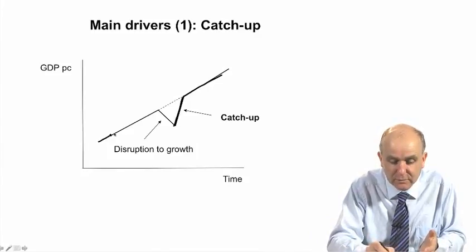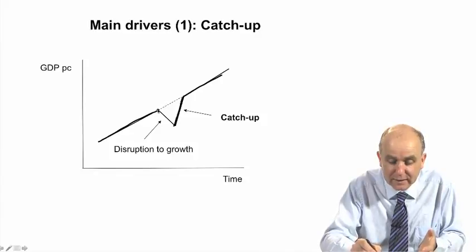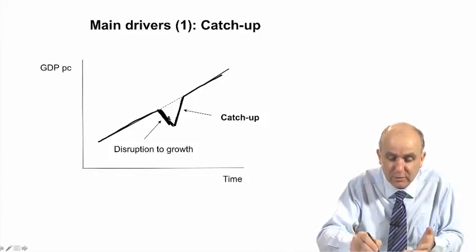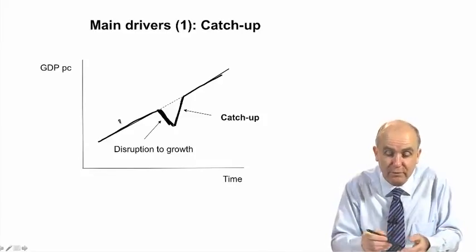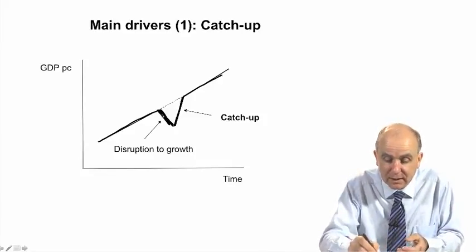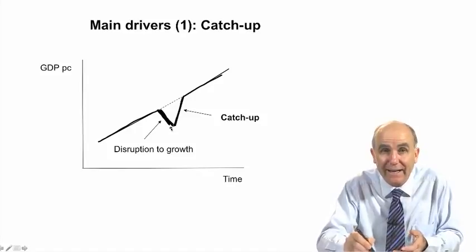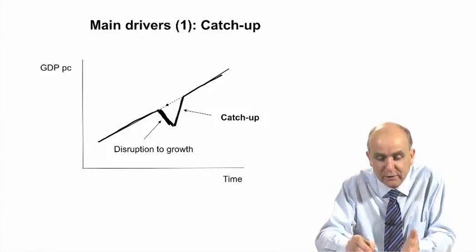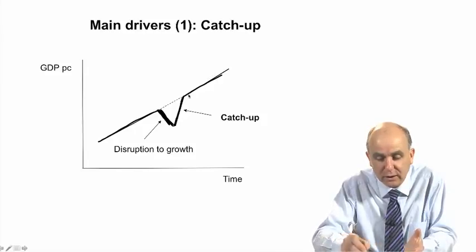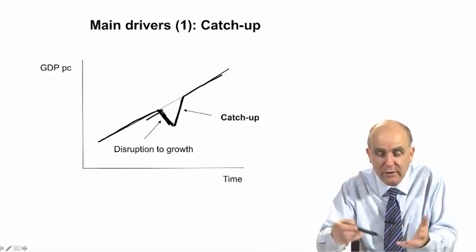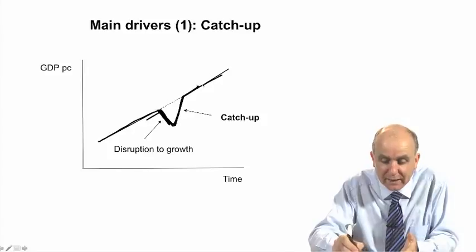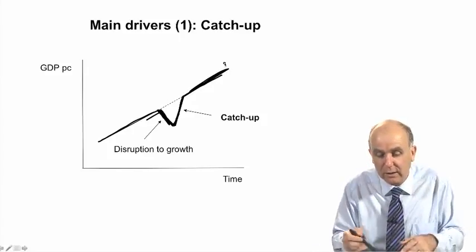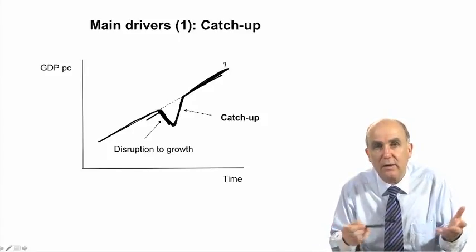So initially you're moving along the path, then there's some major event which disrupts economic growth, which pushes you off the path to a lower level, for example, of GDP per capita. But at some point the event's going to end, and when it ends, the circumstances that were preventing you from continuing to move along this path are no longer there, and so you can move back onto that path you were on. And that's a phenomenon known as catch-up.